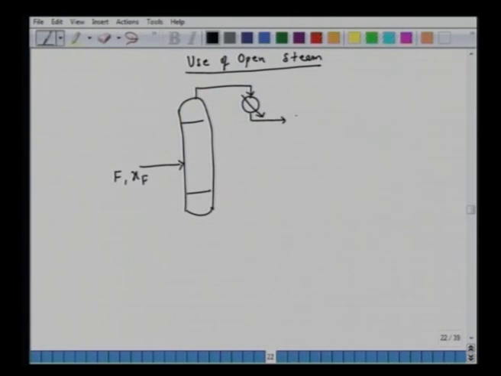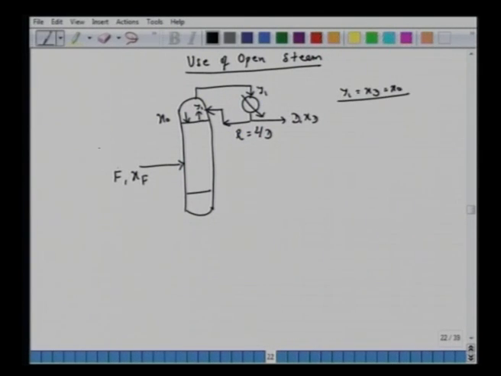So this is a product here, D and XD. Let's say it's a total condenser, and the reflux is saturated liquid. So we have this reflux ratio R equal to L by D. This goes to this top plate here. So we have this X0. This is Y1, which is the same as this Y1. So Y1 equal to XD equal to X0.